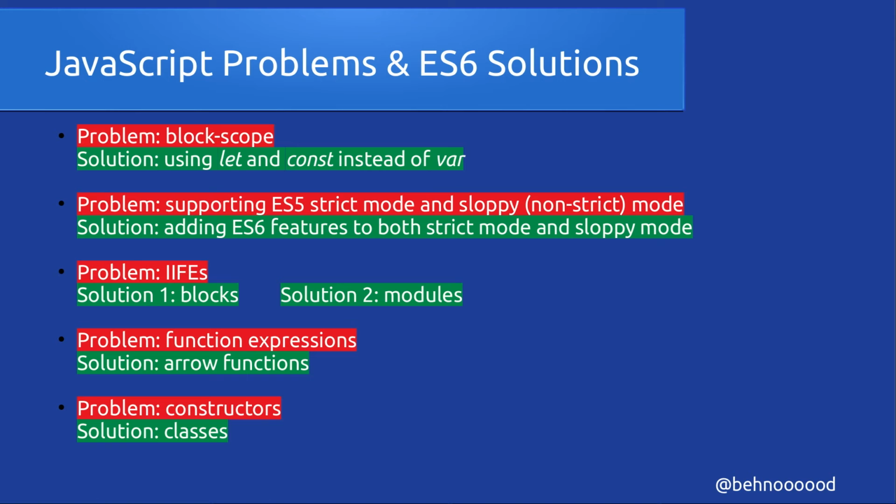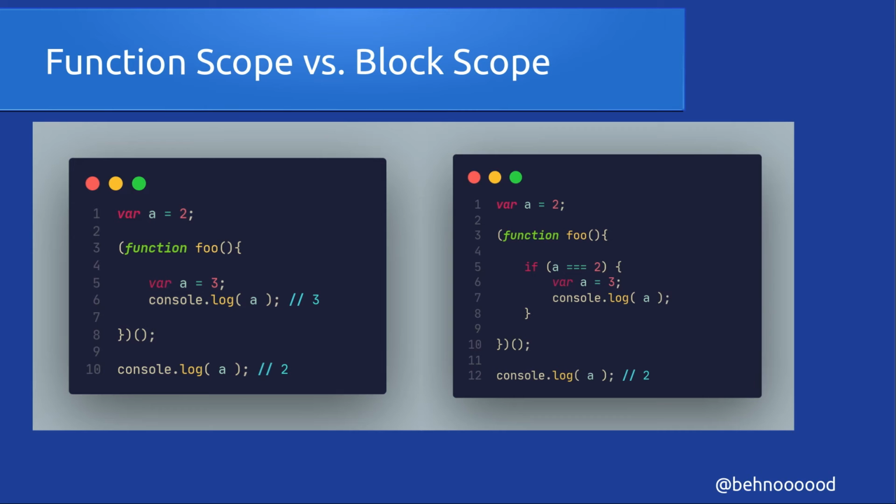In order to understand the problem, first we need to know what causes the problem. So let's take a look at these examples. The code on the left, or the first example, shows how function scope is created.